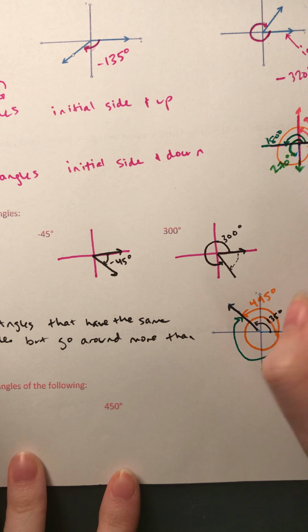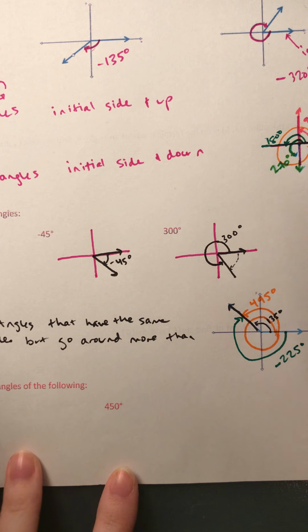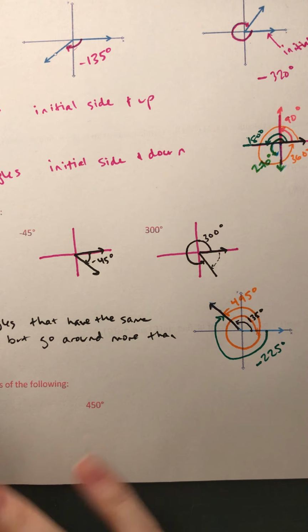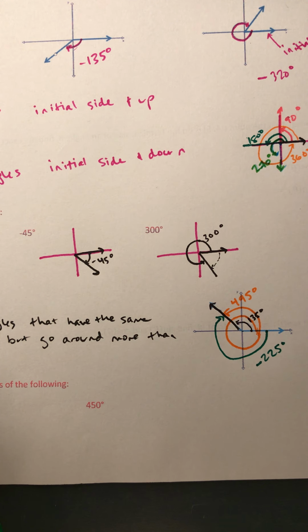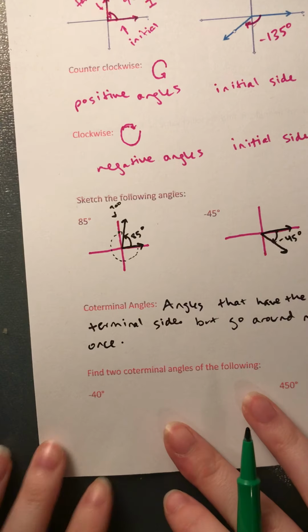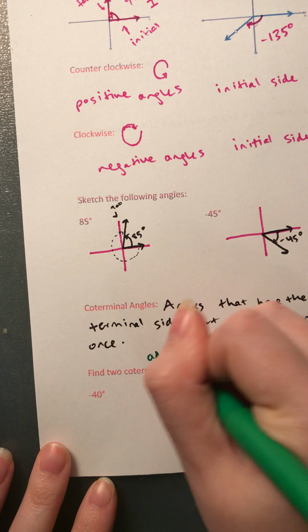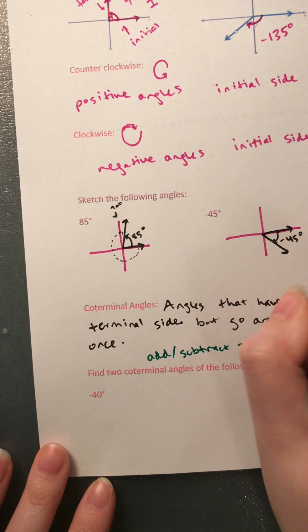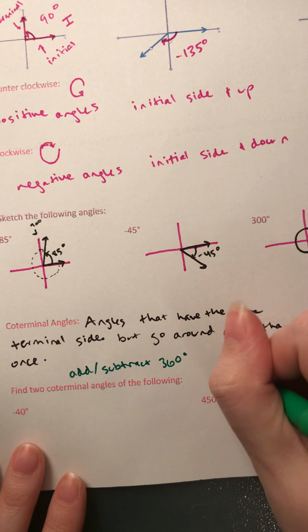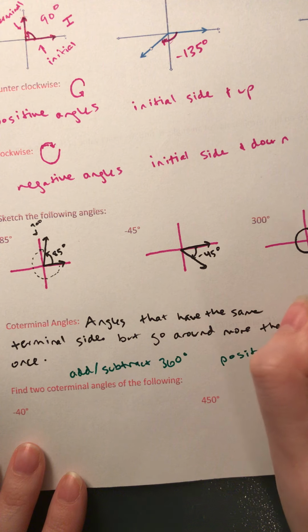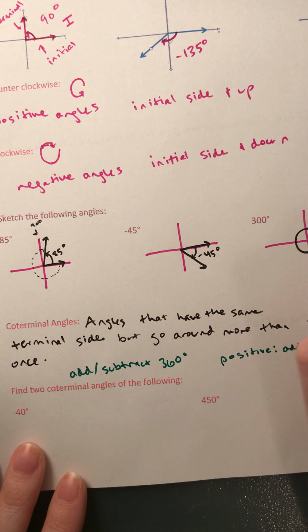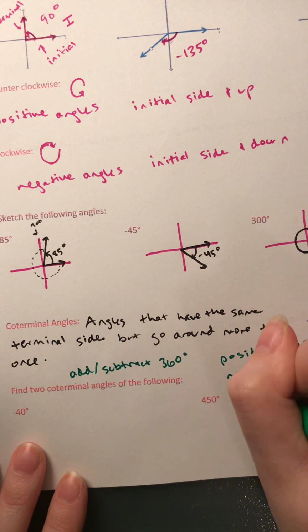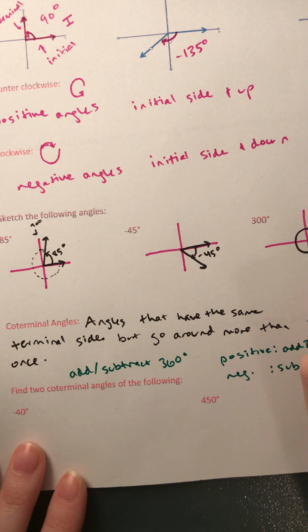So this is like going negative 225 degrees. And hopefully you guys might have caught on to the trick. The trick to finding any coterminal angle is to add or subtract 360 degrees. If you want positive coterminals, you add 360. If you want negative ones, you subtract 360.